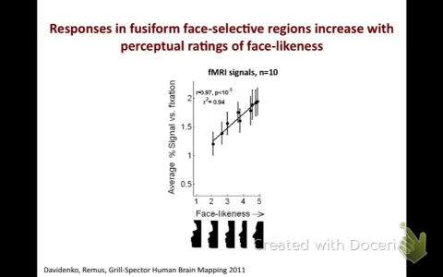And indeed, in another experiment, we parametrically varied how face-like these silhouettes were perceived, where 5 shows the most face-like stimulus and 1 shows the least face-like stimulus. You can see that the response in the fusiform face area increases the more subjects perceive the stimulus to be face-like. So this kind of data suggests that this response to faces is across many kinds of stimuli and not driven by low-level differences across stimuli.